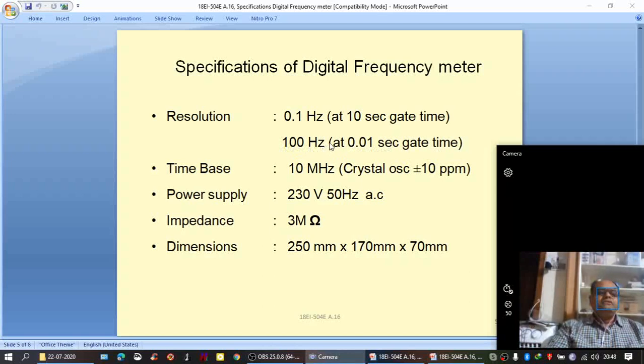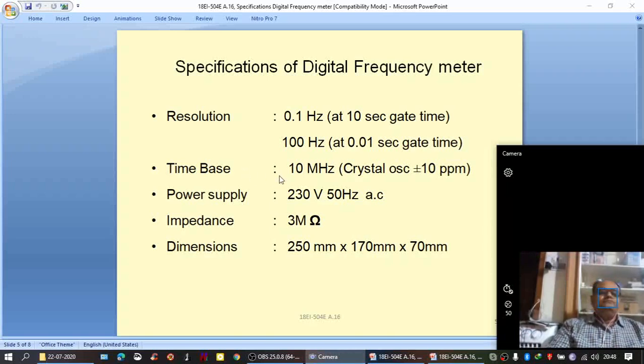What is this resolution? This is the minimum change in frequency that can be recognized by a digital frequency meter. Right? Minimum change in frequency that can be recognized by a digital frequency meter.